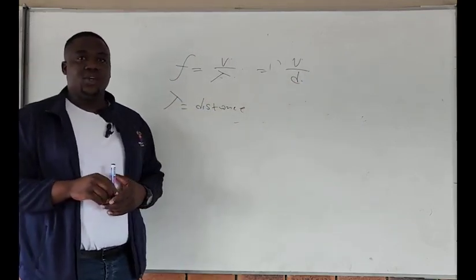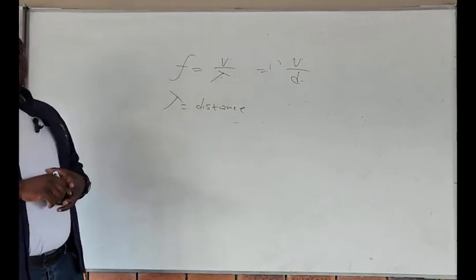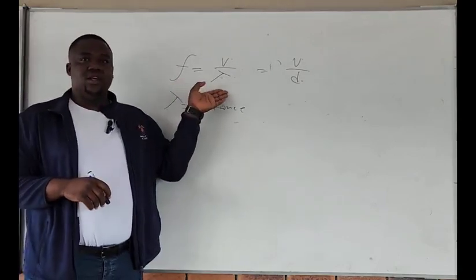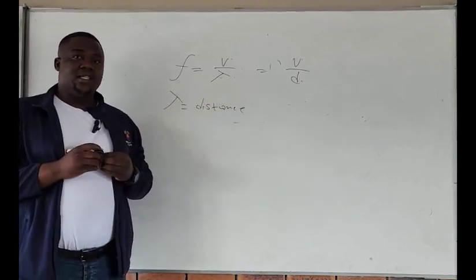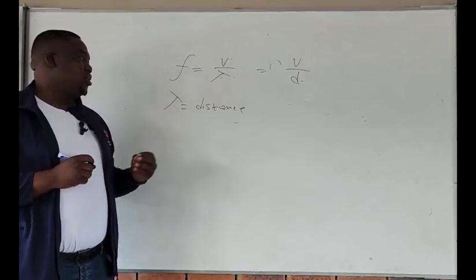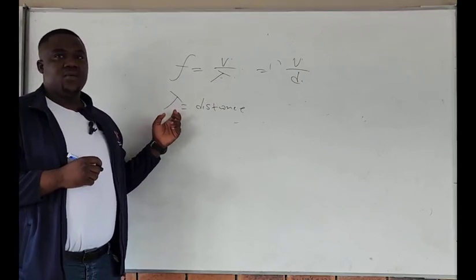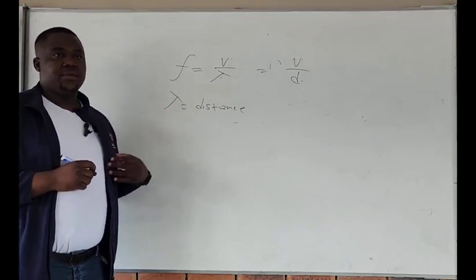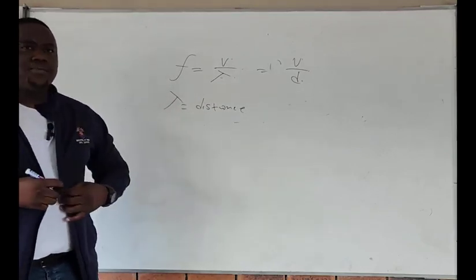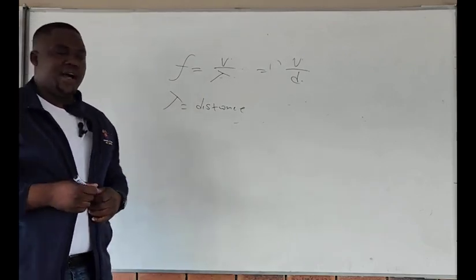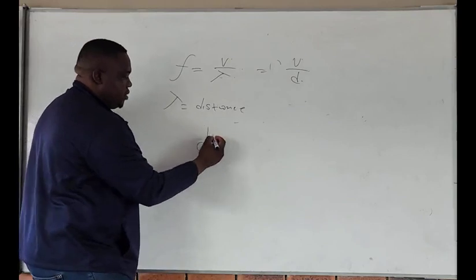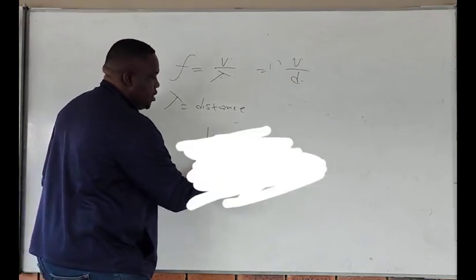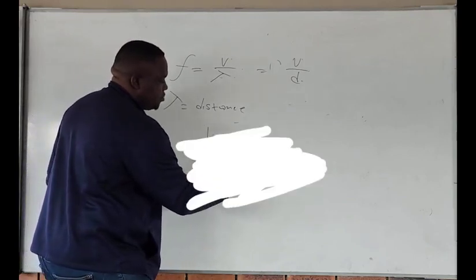So sometimes the question will request you to calculate the frequency. You need to use this formula if you are given the distance. So you need to take note of that, the wavelength. Okay, so another formula is this one of d equals s times t.